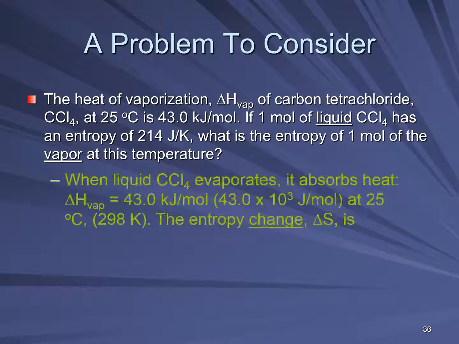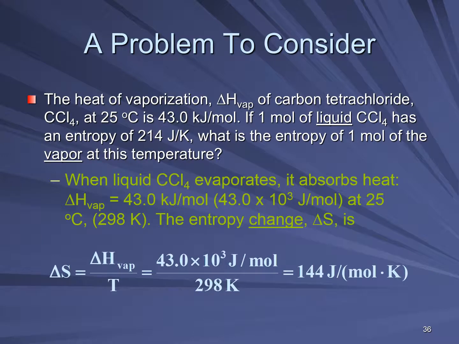So we can calculate delta S, the change in entropy. Delta H is 43 kilojoules per mole, or 43,000 joules per mole, at 25 degrees Celsius, which is 298 Kelvin. And so the entropy change, delta S, is equal to 144 joules per mole Kelvin.